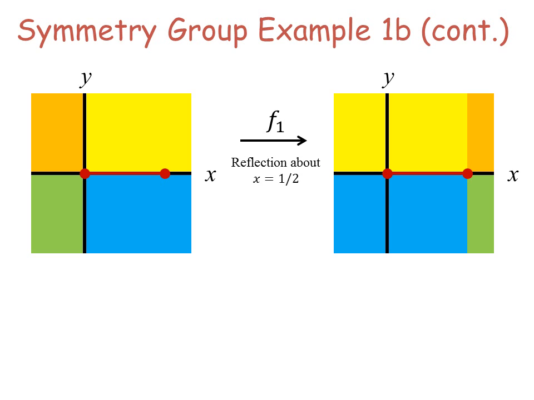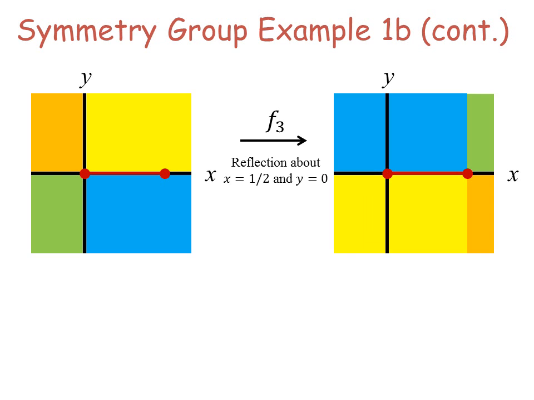This moves the second quadrant in orange and the third quadrant in green to the far right, while moving the first quadrant in yellow and the fourth quadrant in blue to the left. f sub 2 is a reflection about the x-axis and so simply interchanges the upper half plane and the lower half plane.